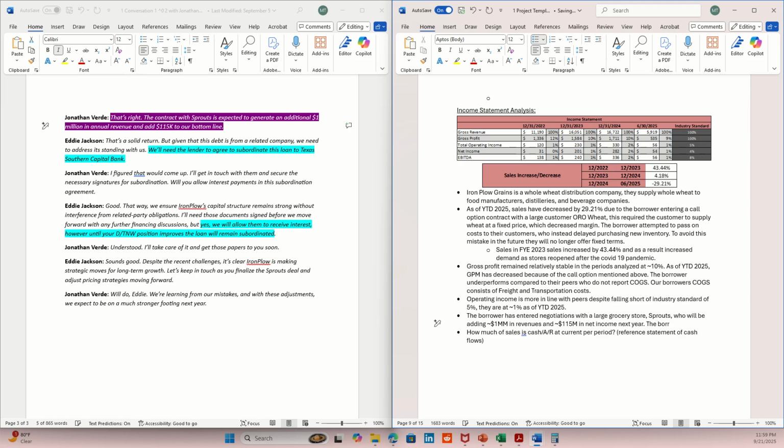The borrower was required to purchase a new wheat coating machine so they could sell to Sprouts.